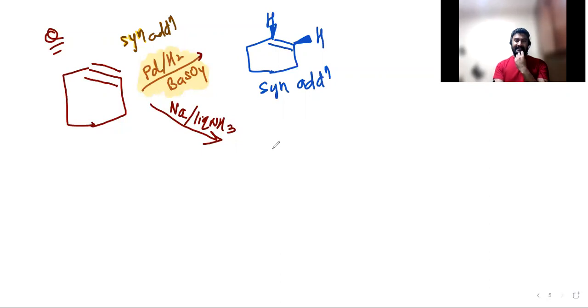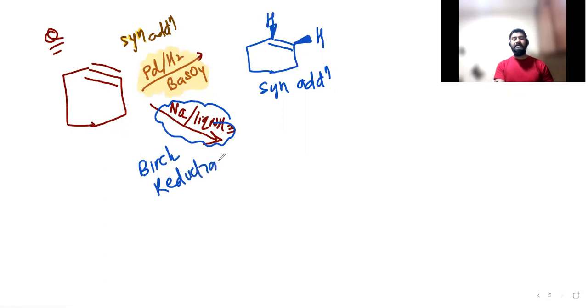What is it? Cyclohexene. But yes, in presence of sodium liquid ammonia, what do we have? Birch reduction. And we end up getting, yes, anti-addition. So here, one H will be on the wedge, while the other one will be on the dash.